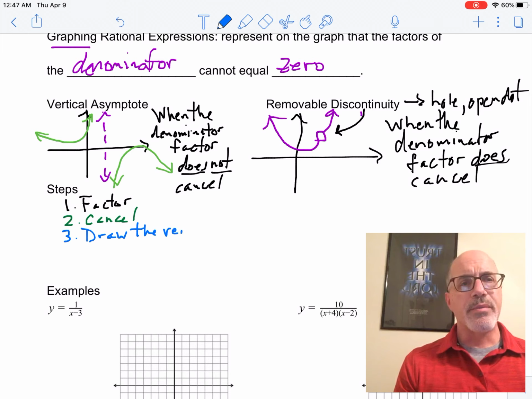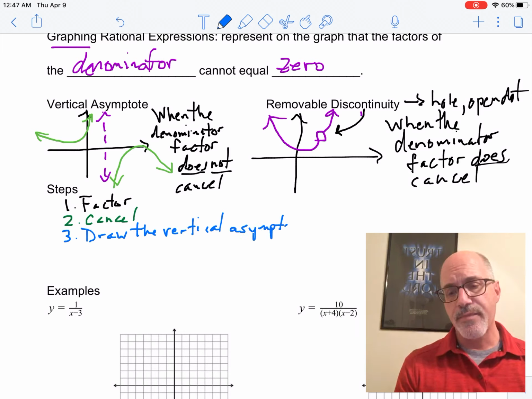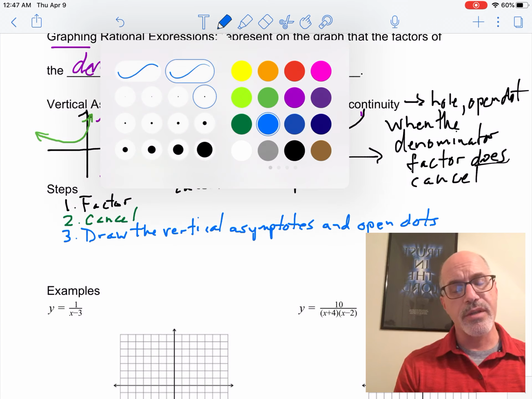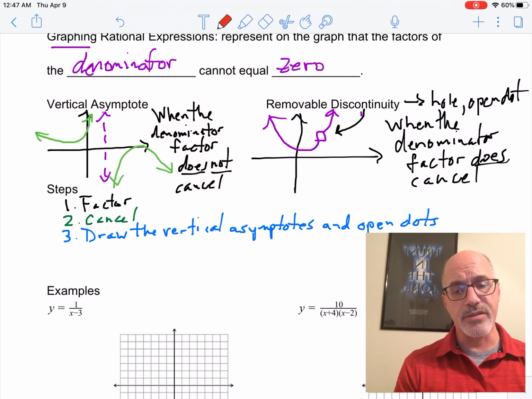What we do is we separate that into two groupings. After we look at the factorization, what cancels and what doesn't, if we have denominator factors that cancel, that results in open dots. If we have denominator factors that do not cancel, we get vertical asymptotes. So let's make sure we enumerate that.